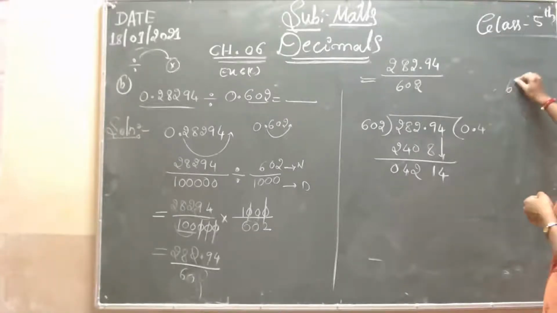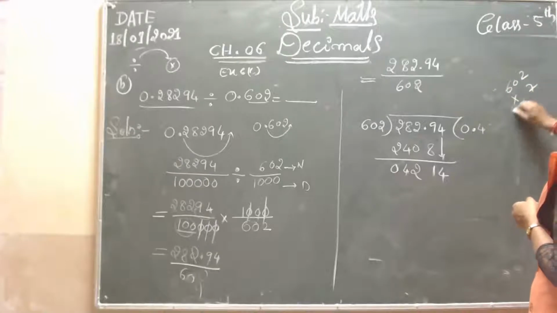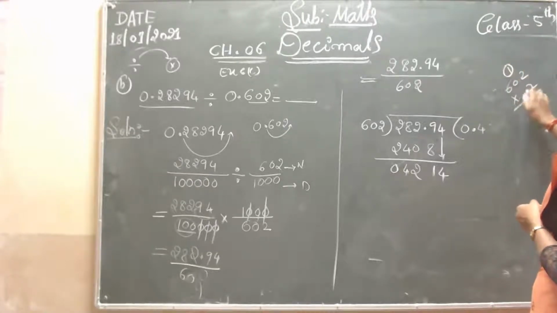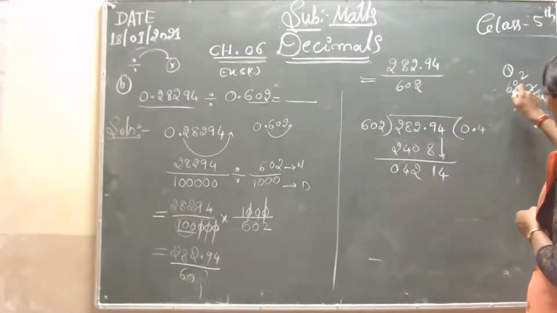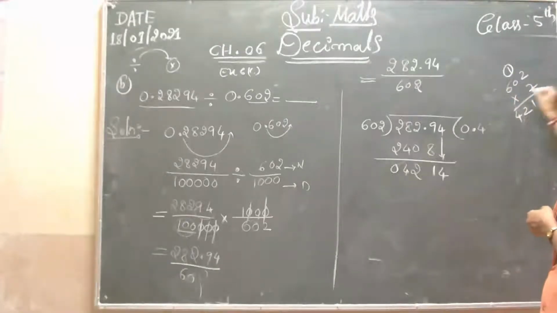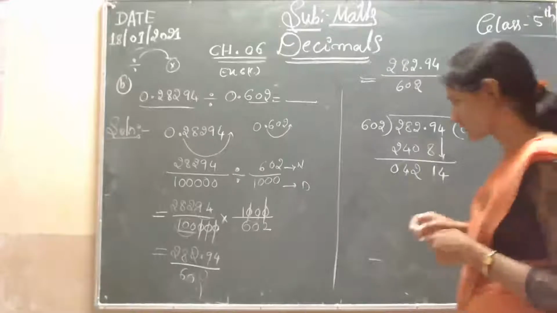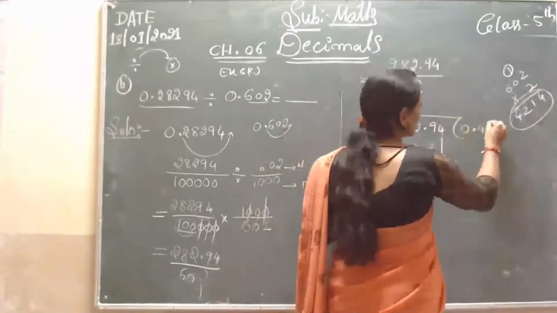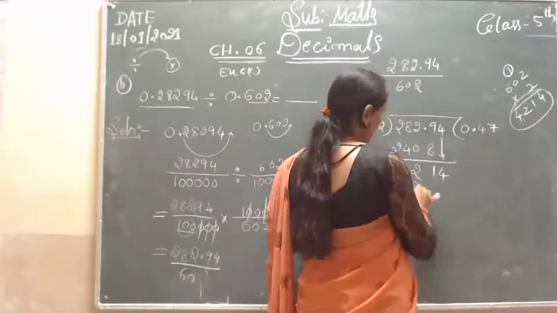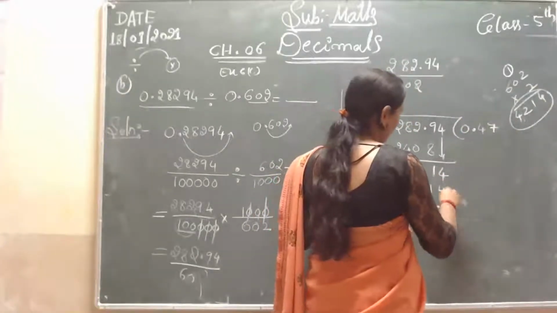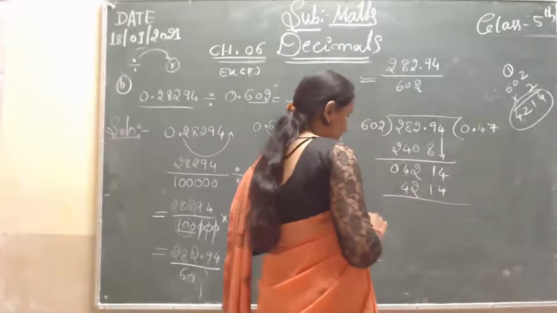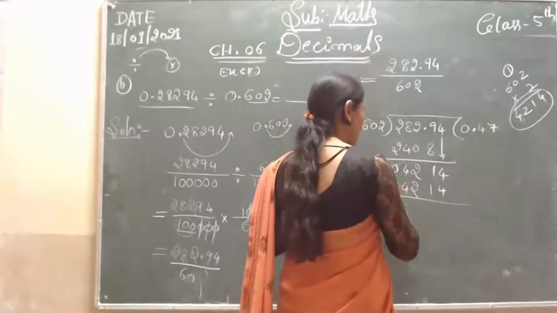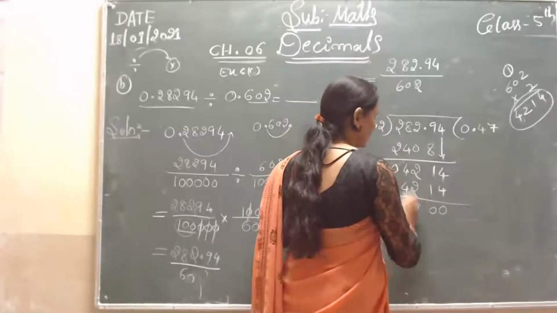7. 602 into 7: 7 times 2 is 14, 1 carry. 7 times 0 is 0, plus 1. So 7 times 6 is 42. Students, you have to observe the same. Yes, 602 times 7 is 4214, sorry, 4214. Now do the subtraction, the remainder will be 0.